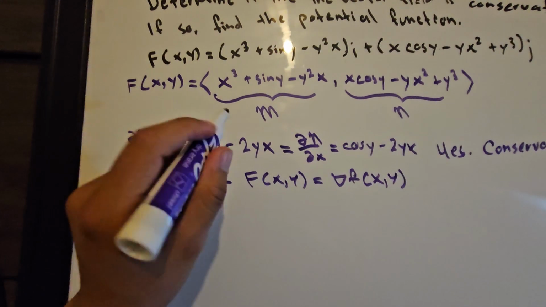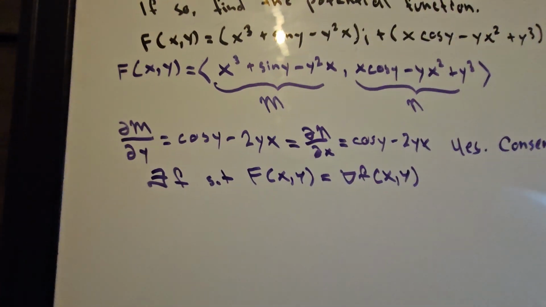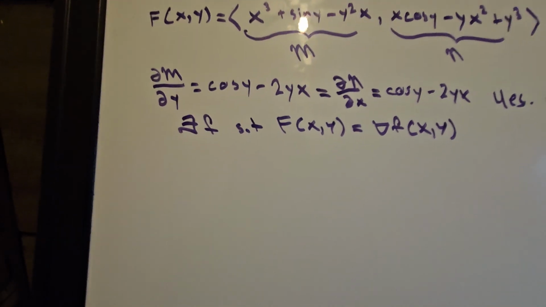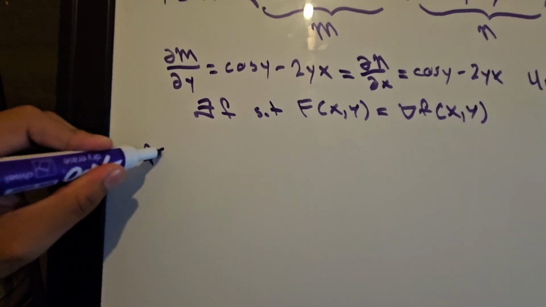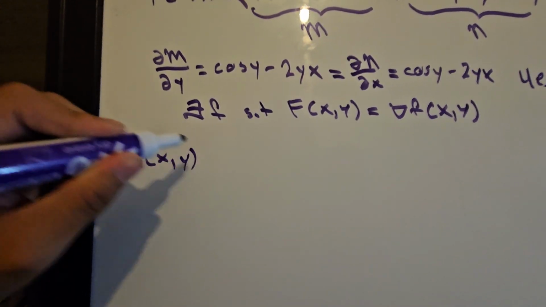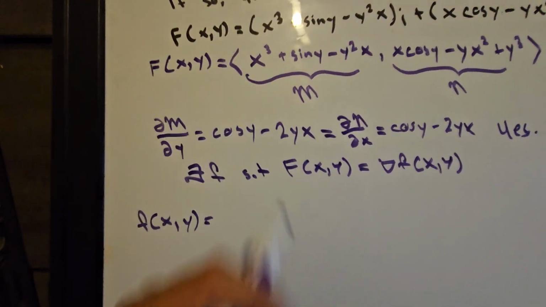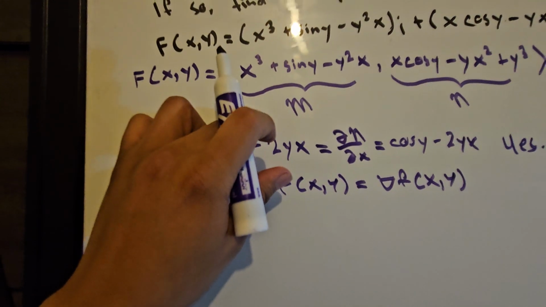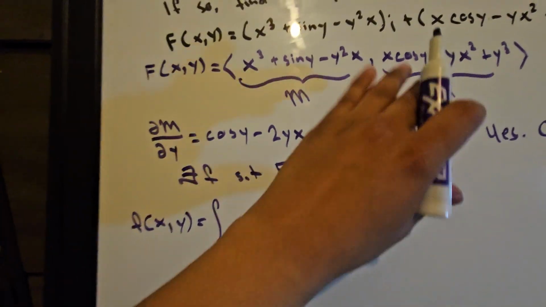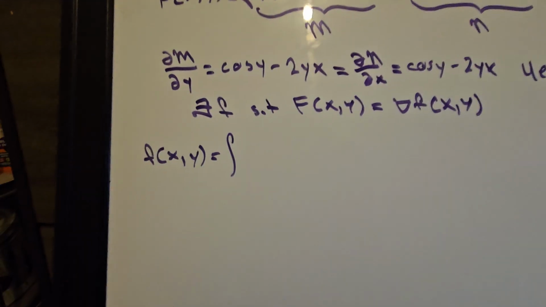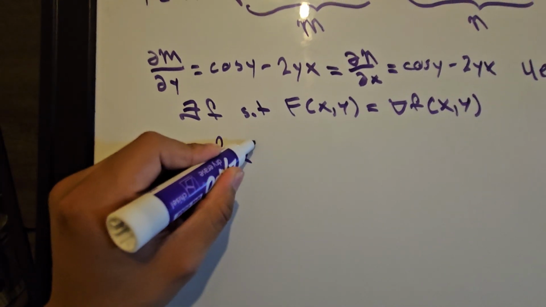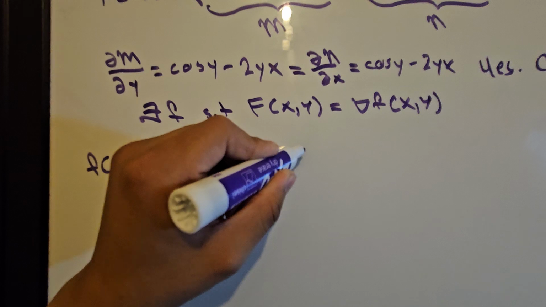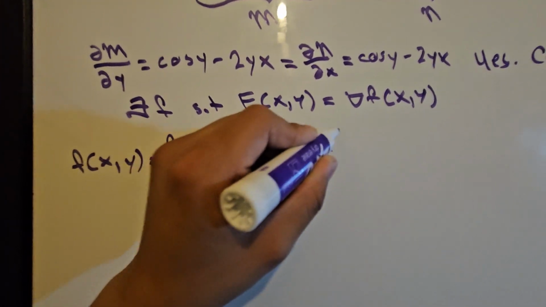So let's go back here and choose a component. I'm going to choose this one. So the potential function f of x, y is equal to the integral of this one with respect to x, because you can choose whichever one, but I'm going with this one. So it's x cubed plus sine y minus y squared x.